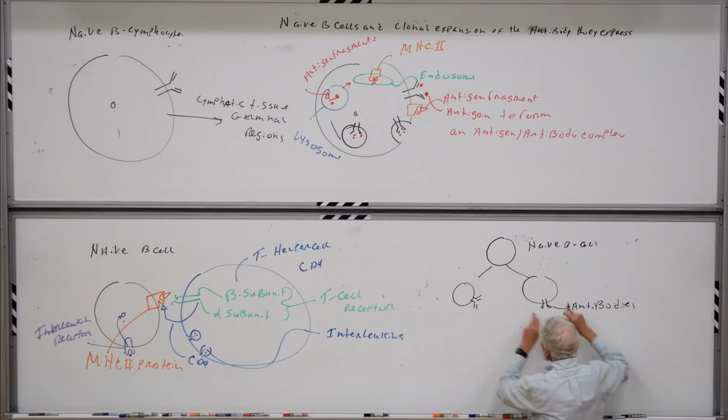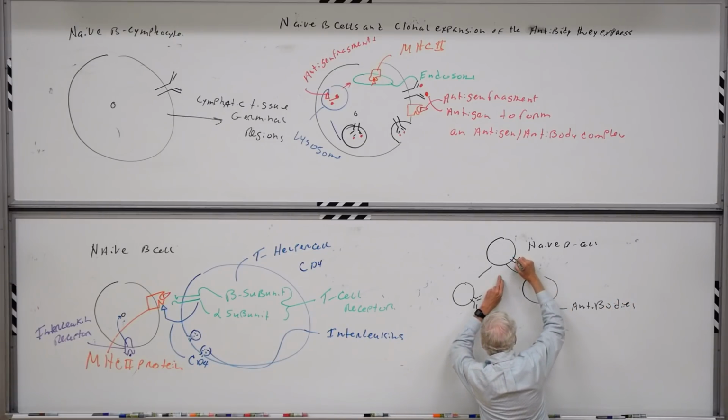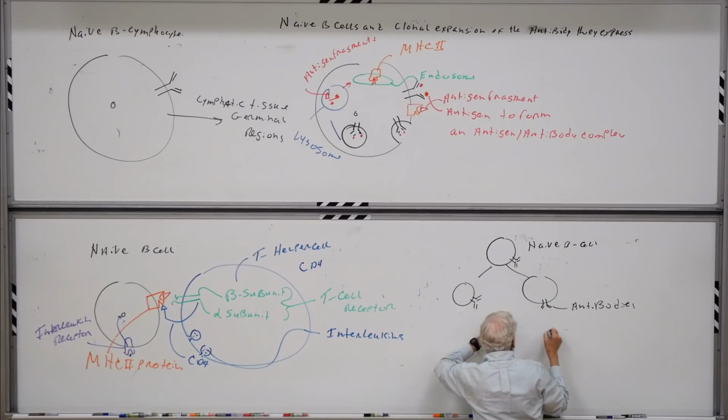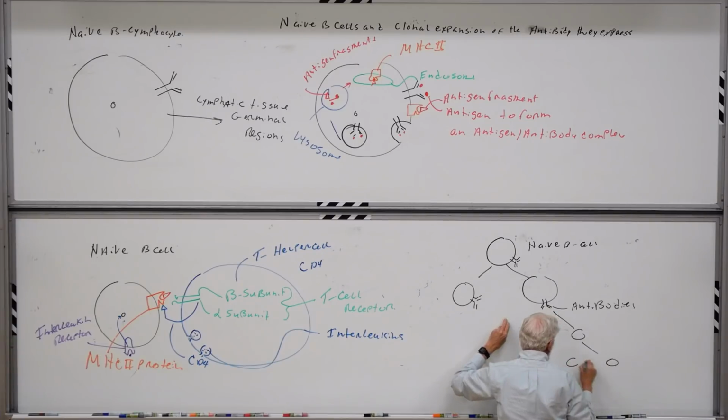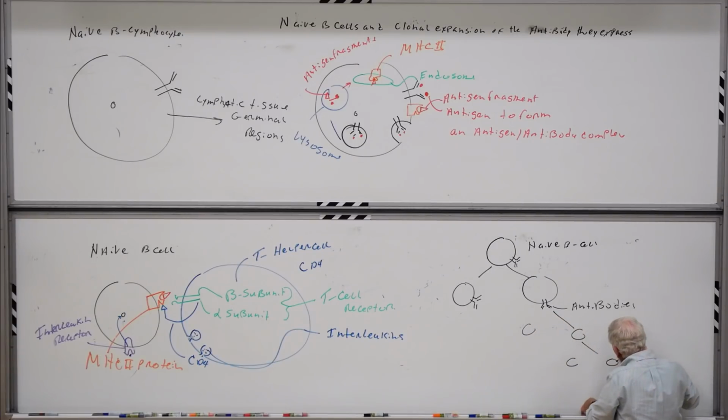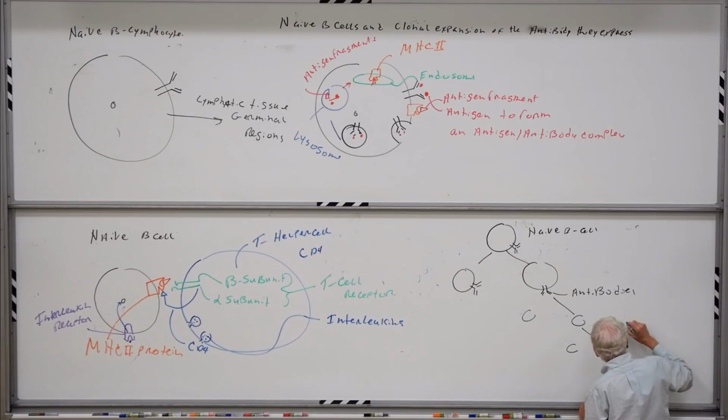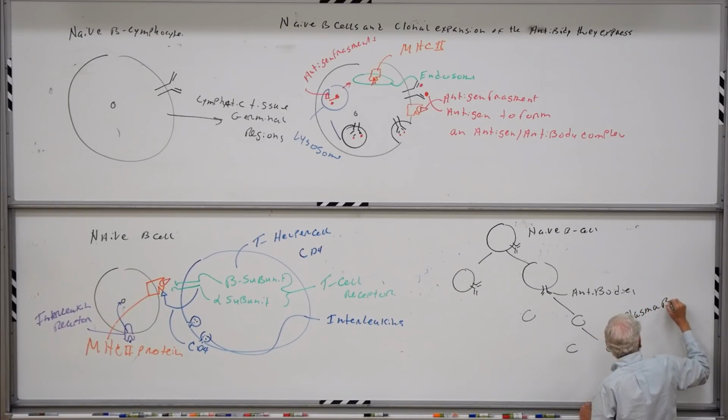And these antibodies are identical to the one up here. Then after a few cell divisions, we find that these cells now become plasma B cells. They secrete antibody.